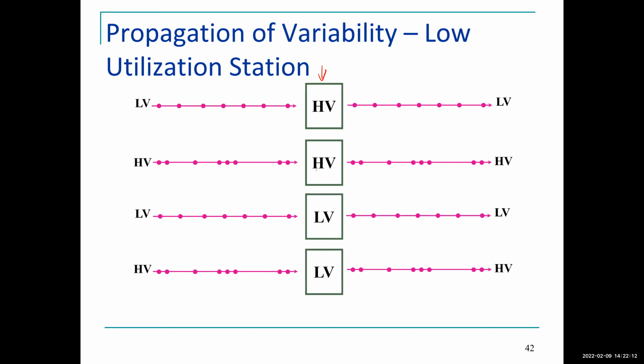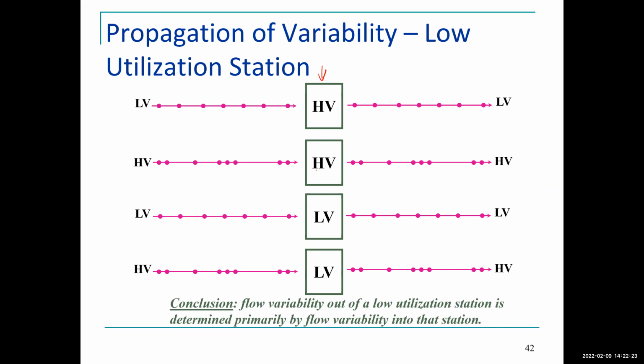And high variability with low variability, in this case, also provides you with a high variability departure process. So the flow variability out of a low utilization station is determined primarily by the flow variability into that station. Which is the opposite of what we observe with a high utilization station.